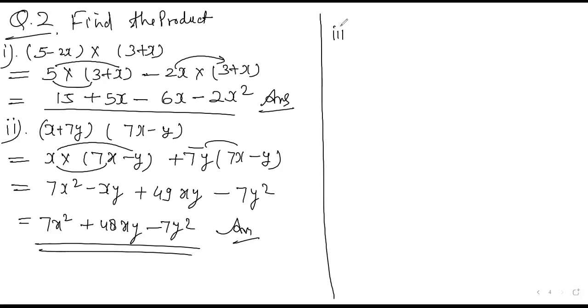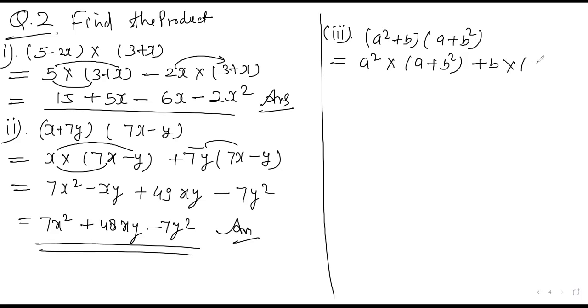The third part that is given: a square plus b, and a plus b square. So it's very easy. a square is multiplied with the whole bracket and b is multiplied with the whole bracket.